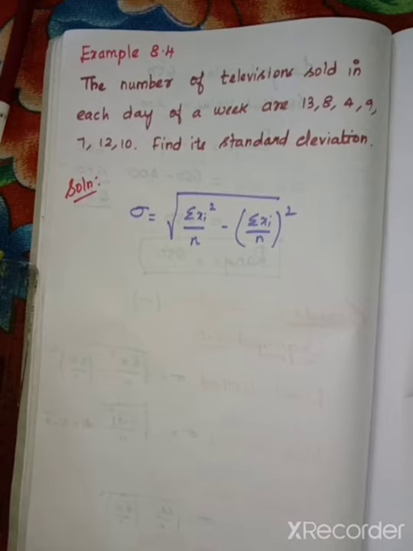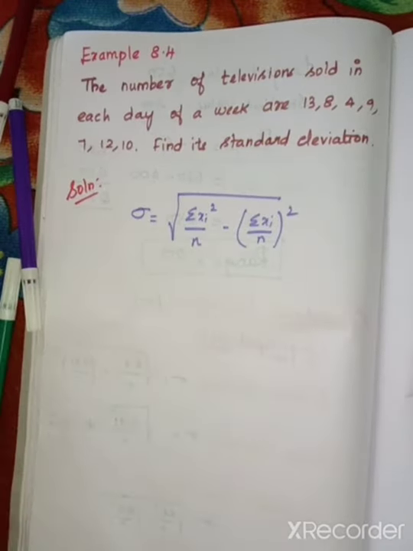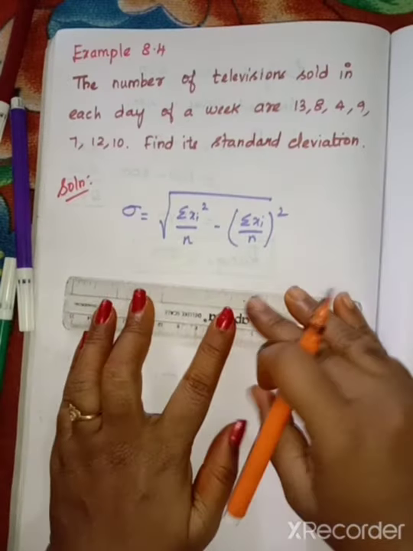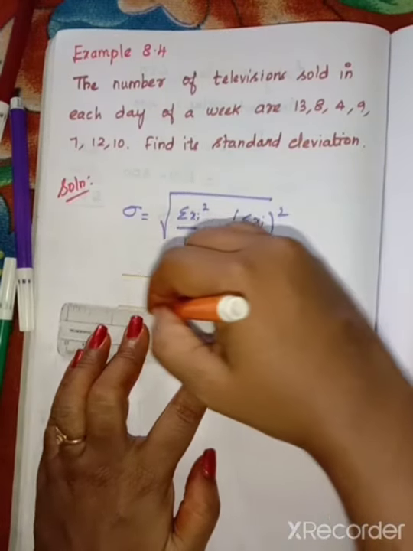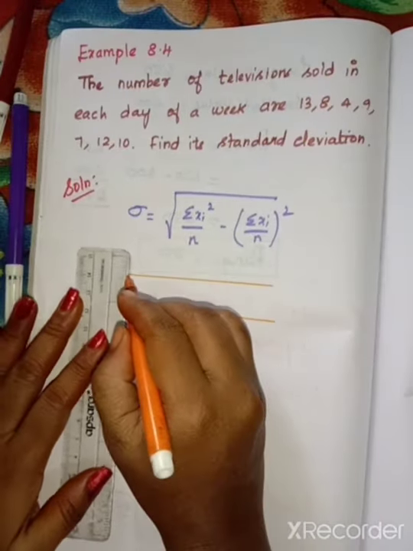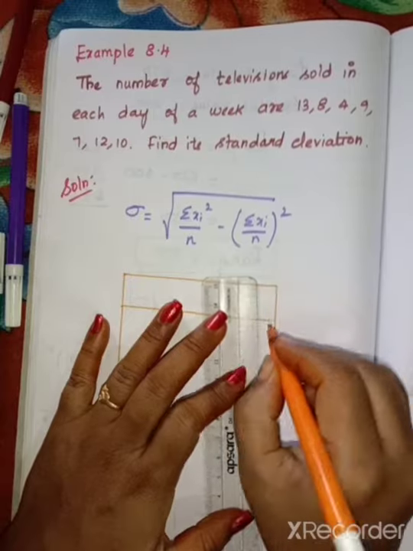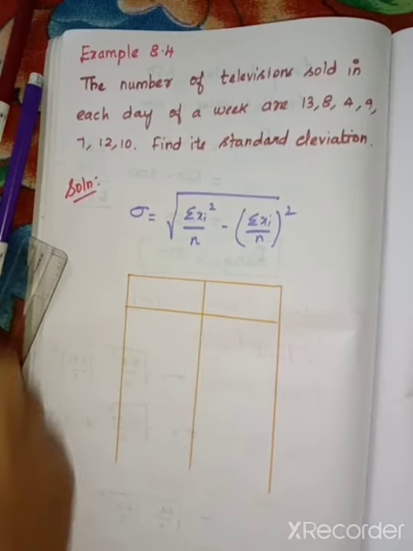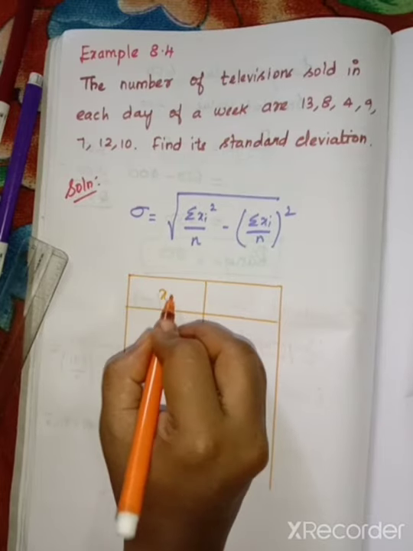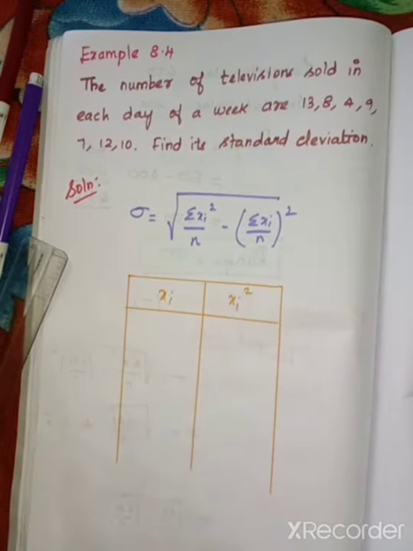For that, using a tabular column, you have to find the two columns, summation xi and summation xi squared. Summation means addition. So here we have the xi term, then xi squared we want to find, then add them.